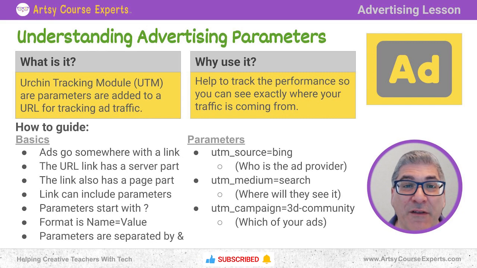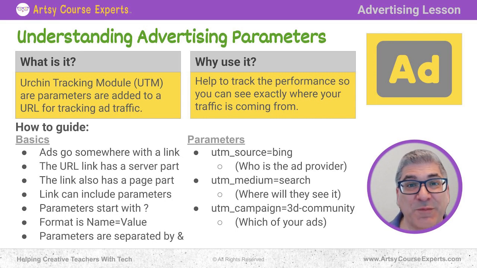Usually the format is name equals value, okay? So you'll have parameter one equals parameter one value, and then you separate them with an ampersand and add more parameters. So you do name one equals value one, ampersand, name two equals value two. And that's it. That's the overall structure of a URL.